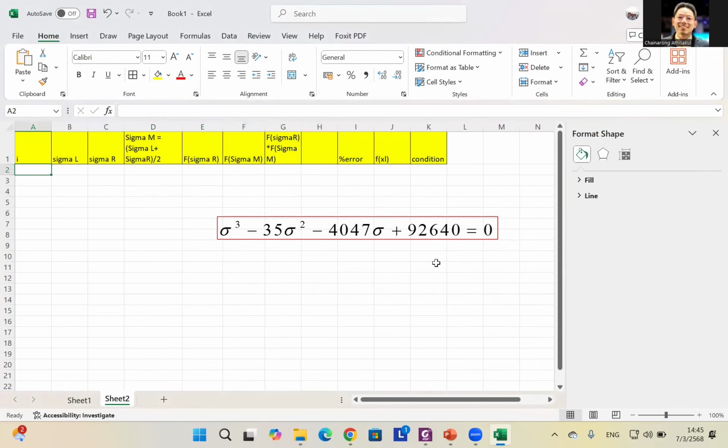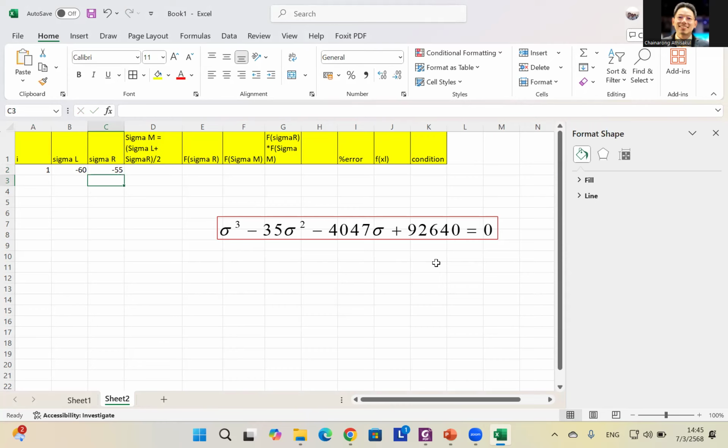Okay, this is for the first iteration, right? And you try what? The first one, minus 60, right? And minus 55.